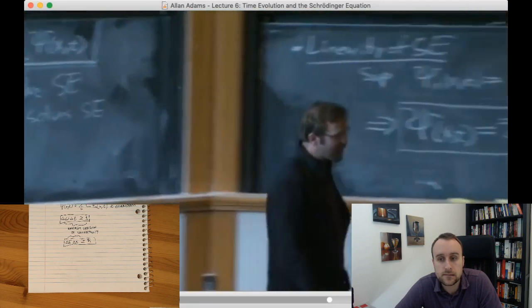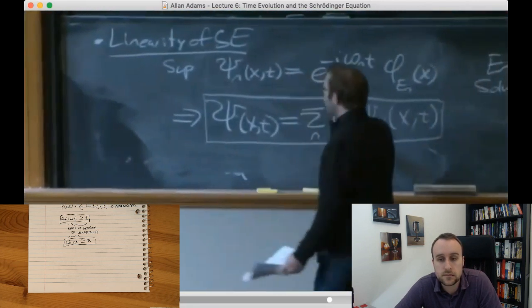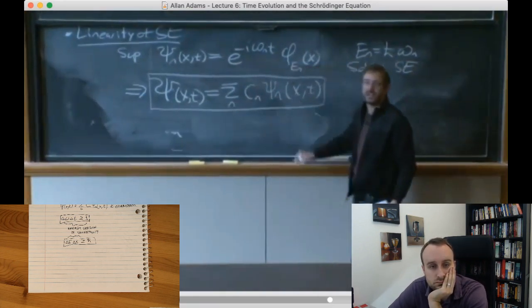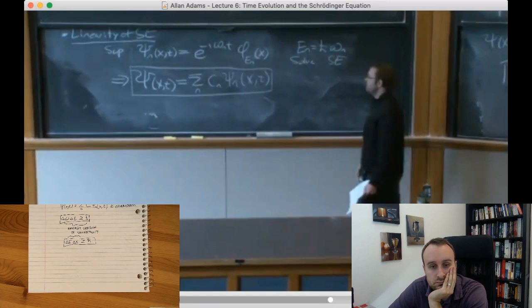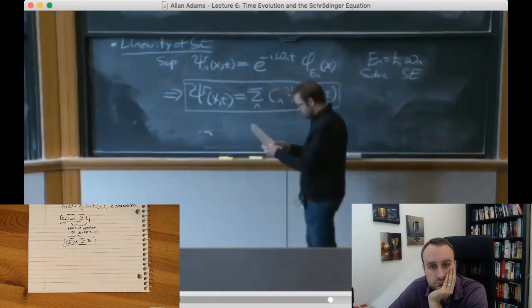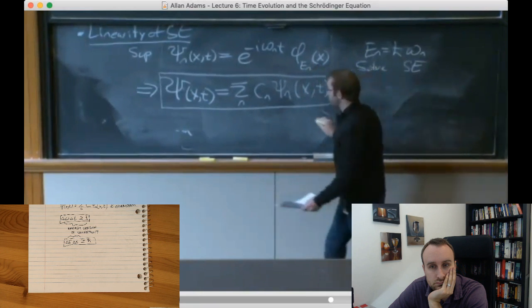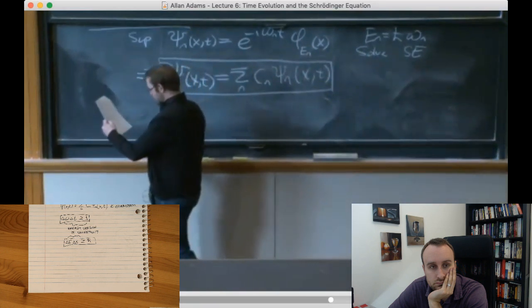Okay, so coming back to this. We have our solutions of the Schrödinger equation that are initially energy eigenstates. I claim I can take an arbitrary superposition of them, by linearity, and this is also a solution of the Schrödinger equation.